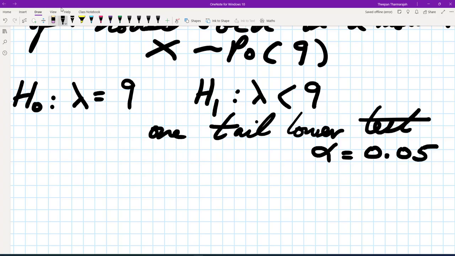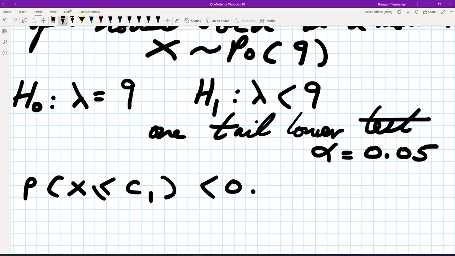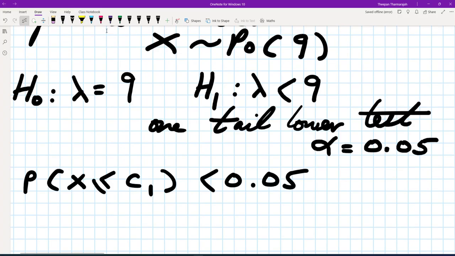That's fine. So now we're going to say the probability, and because it's a lower tail, the probability that x is less than or equal to C1 is strictly less than 0.05. That's the lower tail of the distribution.